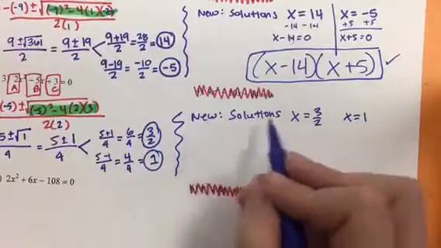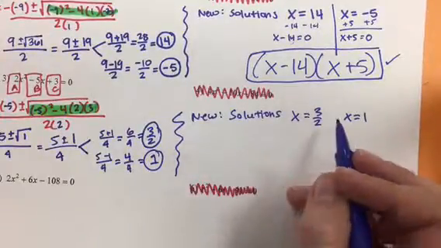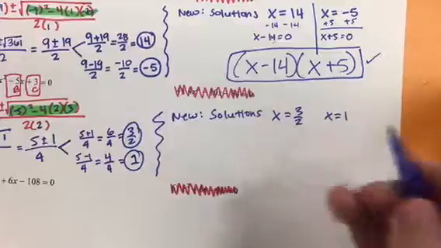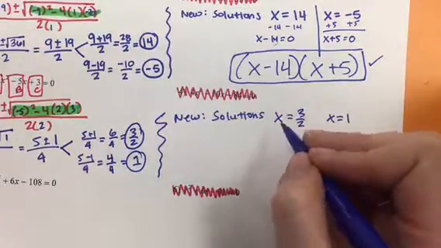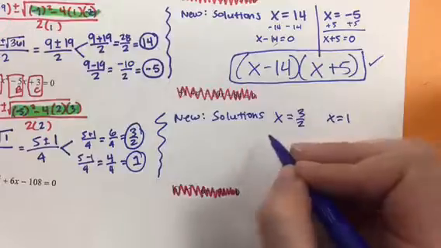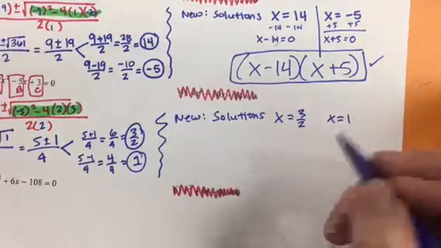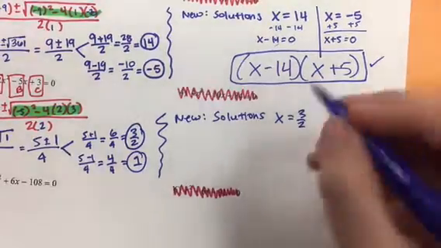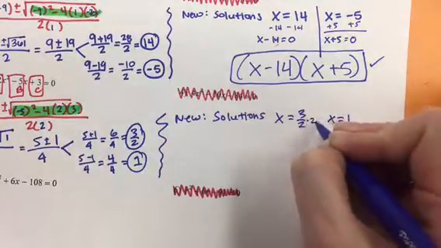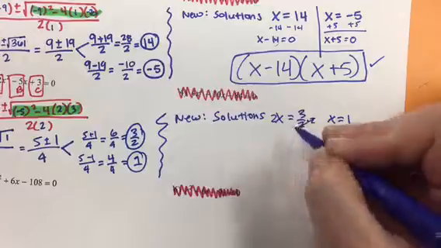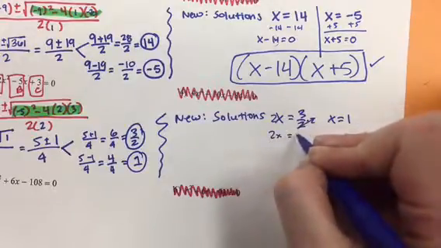I rewrite my solutions over here, and now I'm going to try and factor them by moving all of the pieces over. Some of you will want to do x minus 3 over 2, but I don't want to do that in this case. In this case, I want to get rid of the denominator by multiplying by 2 so that it cancels out.